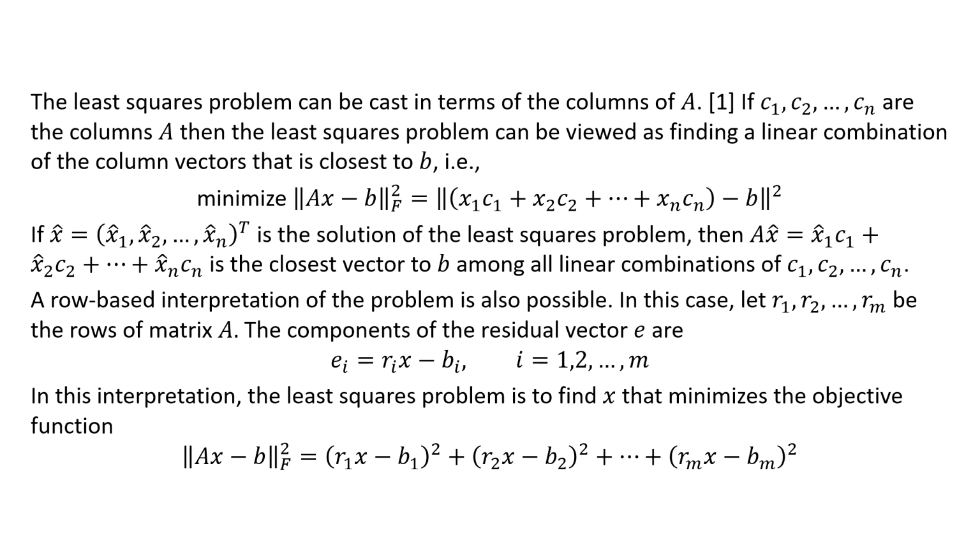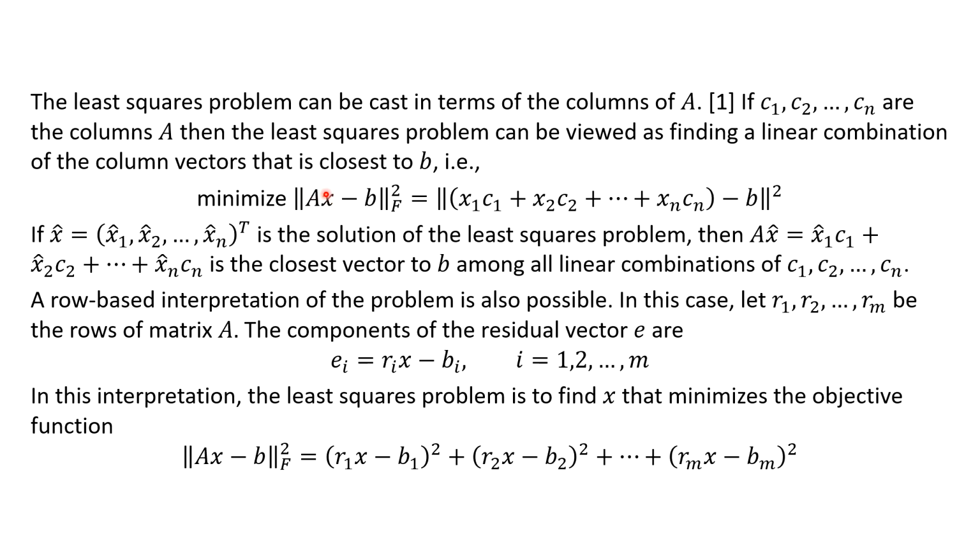If c1, c2, up to cn are the columns of A, then the least squares problem can be viewed as finding a linear combination of column vectors that is closest to b. So this is what I was mentioning just a minute ago.